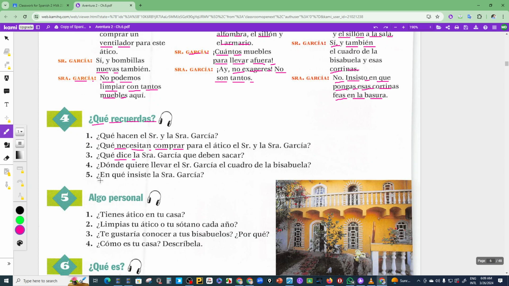And number 5. ¿En qué insiste la señora García? What is the meaning of this part of the question? ¿En qué insiste? So, what does Mrs. García insist about?